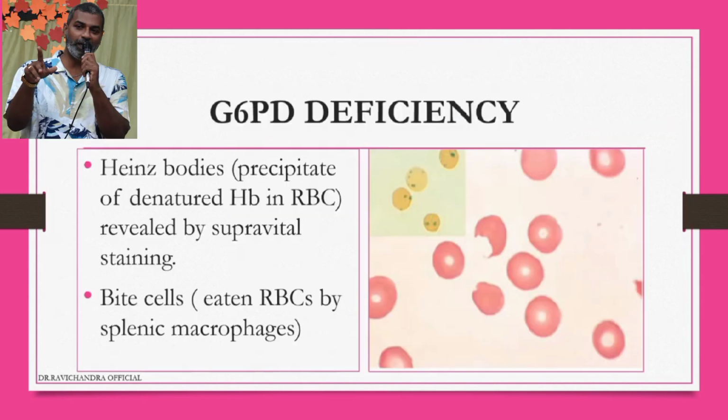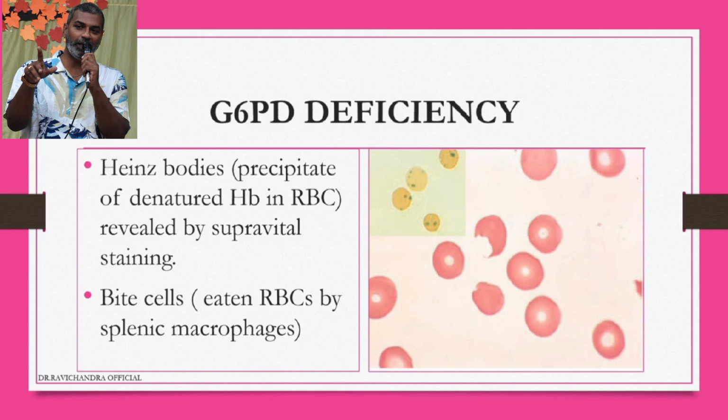Heinz bodies are precipitated forms of denatured hemoglobin in RBC, and these Heinz bodies can be revealed with the help of supravital dyes or supravital staining. That is, the dyes will help you to see the cells in live form.